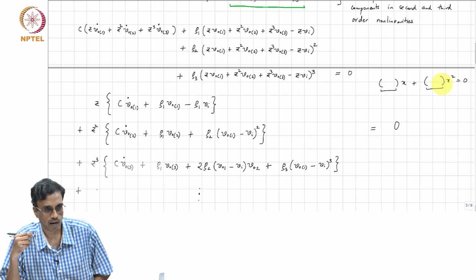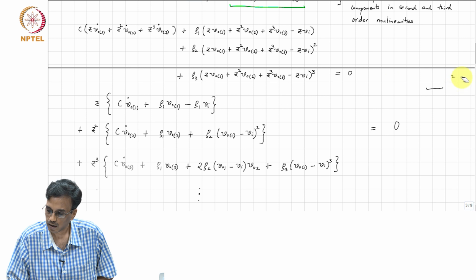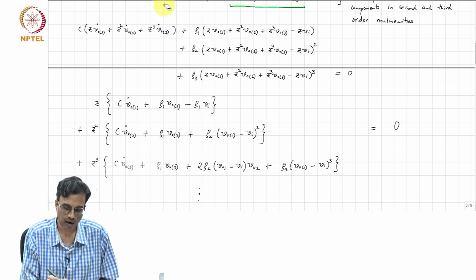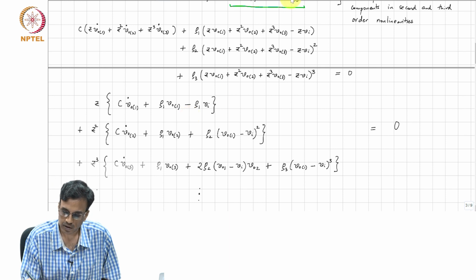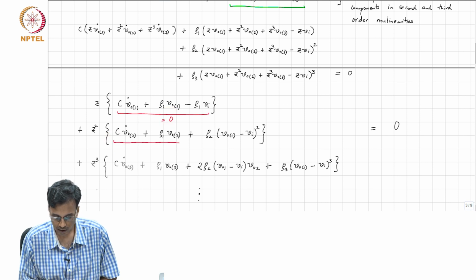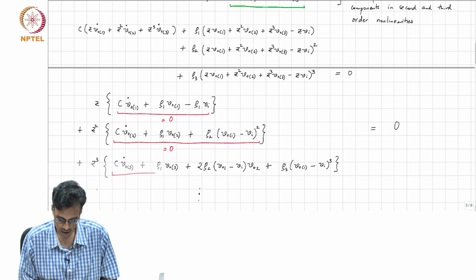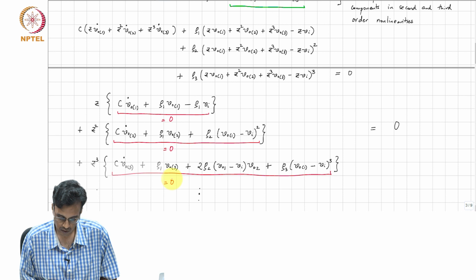They must be 0, correct. So, if these terms are 0 for all values of z, it must therefore follow that this must be 0, this must be 0, this must be 0, and so on.